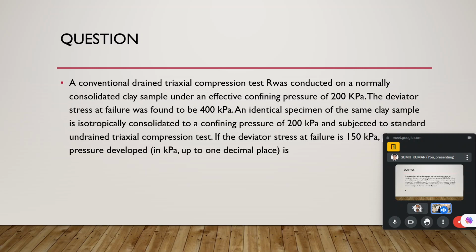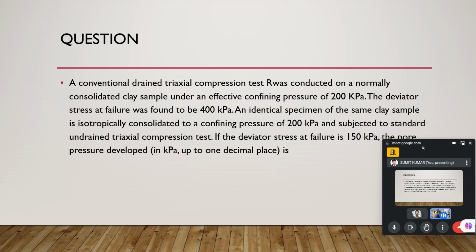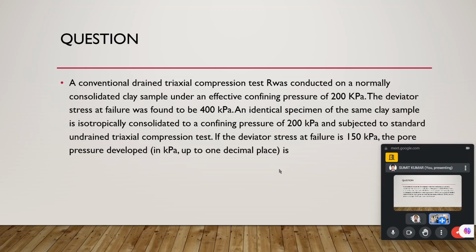An identical specimen of the same clay is isotropically consolidated to a confining pressure of 200 kilopascal and subjected to a standard undrained triaxial compression test, where the deviatoric stress at failure is 150 kilopascal. Find the value of pore water pressure developed, up to 1 decimal place.